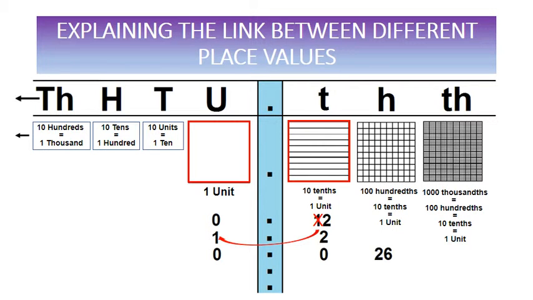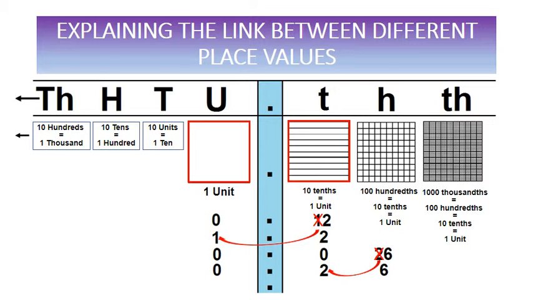Look at another example. Here we've been asked to write 26 hundredths. Again, I've put 2 digits in 1 column, which we can't have. So we take the left-hand digit, the 2, we move it to the next column to the left, which is our tenths column. So 26 hundredths looks like 0.26.